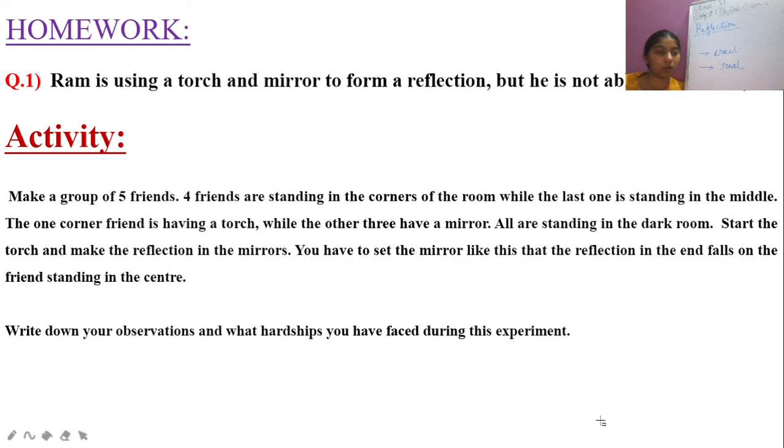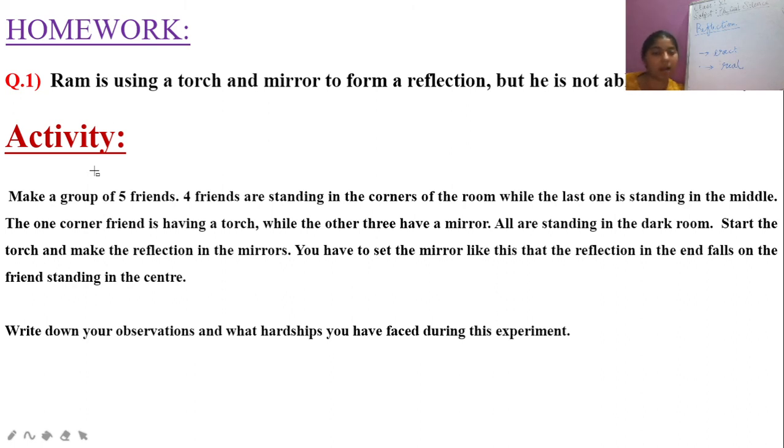One question: Ram is using a torch and mirror to form a reflection, but he is not able to do it. Why? You have to give the reason. Okay, and you have to do an activity. You have to make a group of 5 friends, and 4 friends will go to the corners of the room, and the last one will stand in the middle, right? The corner friend will have a torch, the other 3 will have mirrors, and all are standing in a dark room.